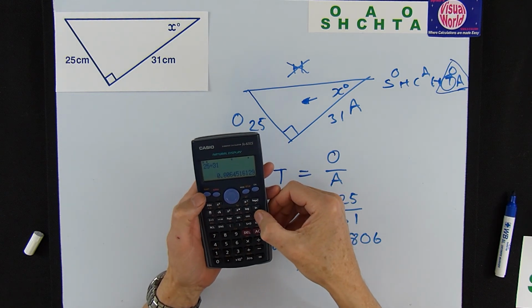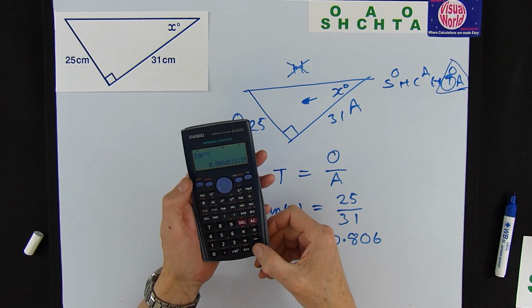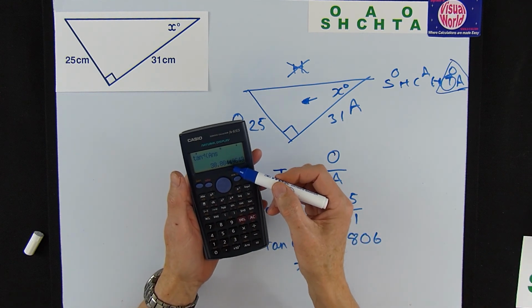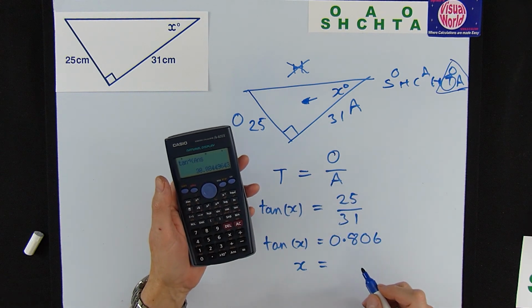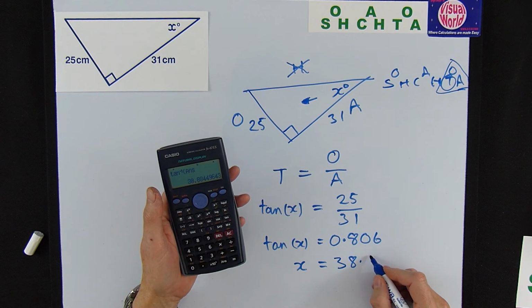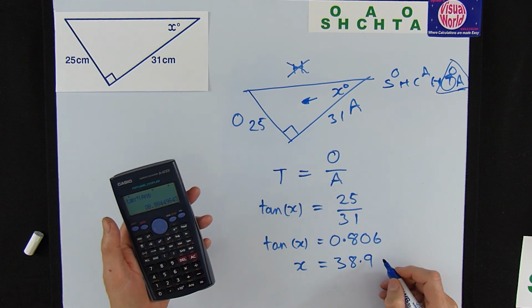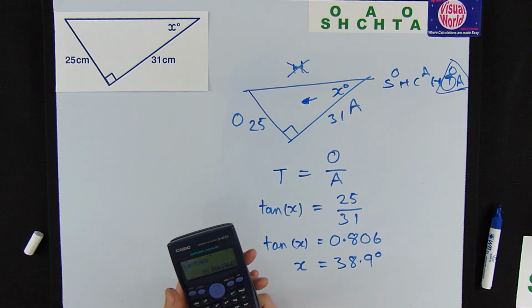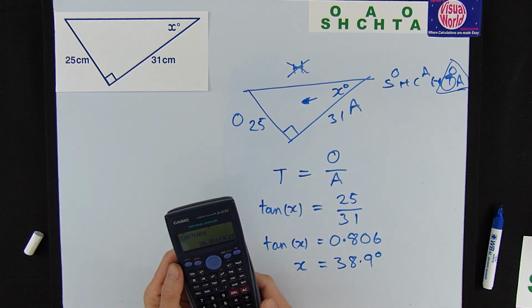So you just go shift tan, it'll do it for you, you don't need to put in the answer. And our answer, you can see, 38.88, so rounded to one decimal place it's 38.9 degrees. And that's how you do all the questions using simple trig.